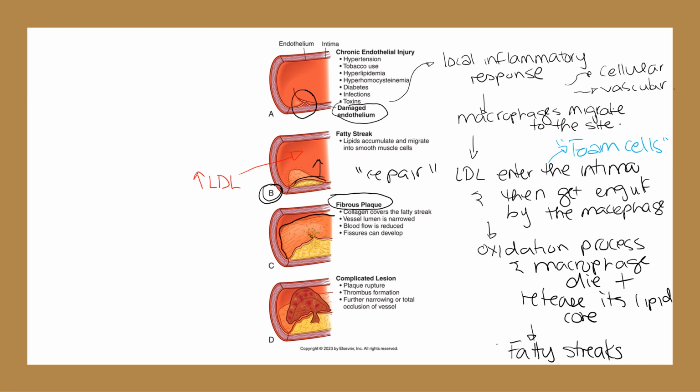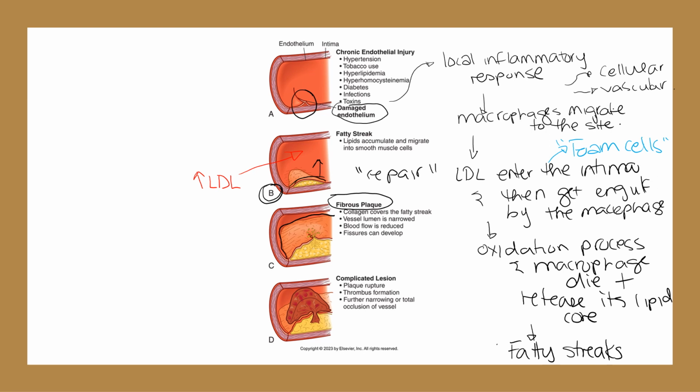This fibrous plaque could rupture, or because there's an elevation now, remember we said before, endothelial linings are generally non-reactive, or they do not react to the platelets in your blood or the coagulation factors in your blood like fibrin and fibrinogen.